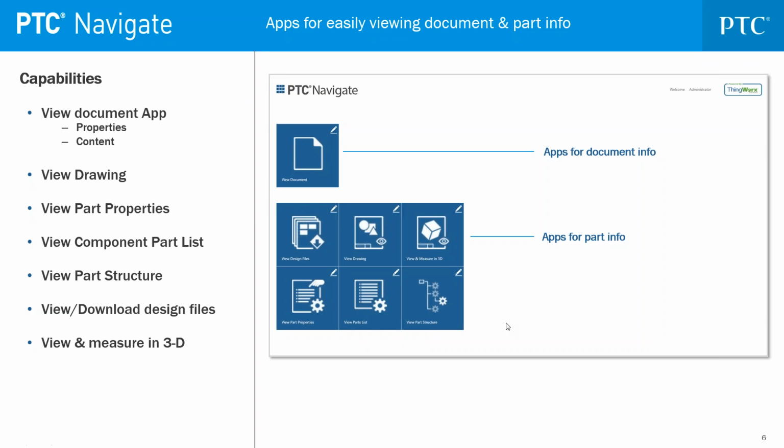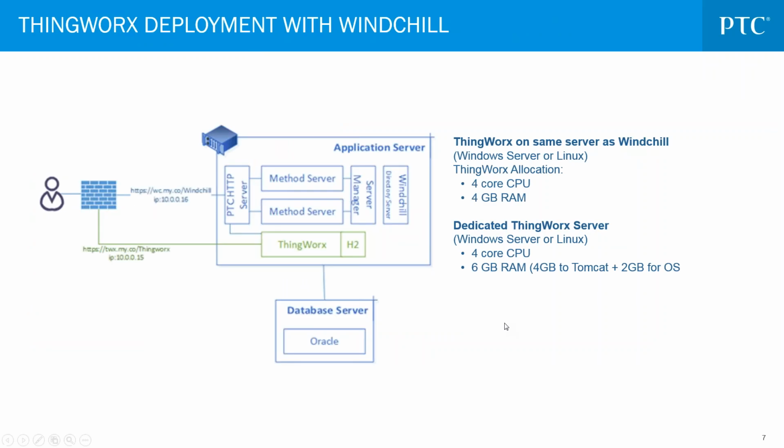And Navigate is expandable, so you can add additional apps that users can create. The framework of Navigate, for most companies, is going to be installed on the same server as the application server in Windchill. And depending on the number of users, you can also install it on a dedicated server if you have hundreds or thousands of users needing to go into Windchill through Navigate.